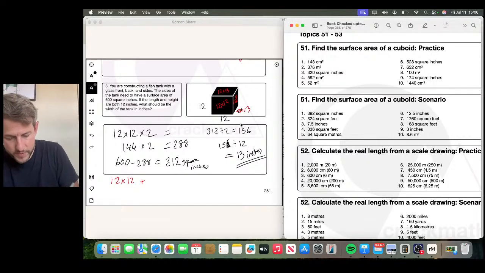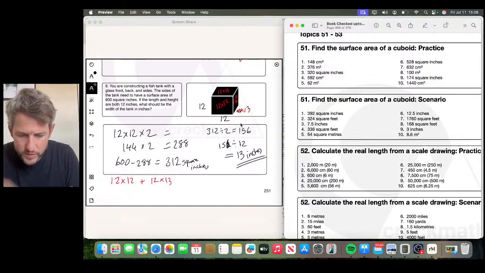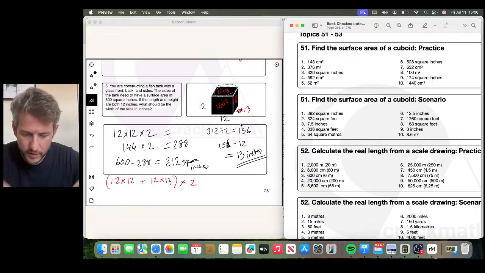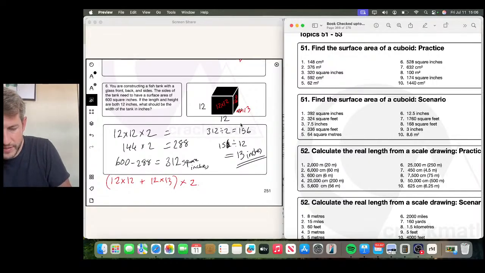One second, but this is just the sides, isn't it? So we've got 12 times 12 plus 12 times 13, and we've got 2 of these, so we're going to have that times 2. We don't care about the top because it's a fish tank, and we're only talking about the sides. Front, back, and sides, okay? They're saying specifically front, back, and sides.